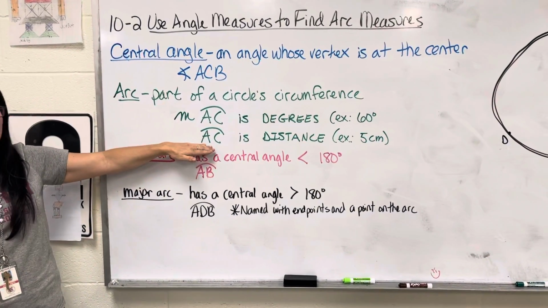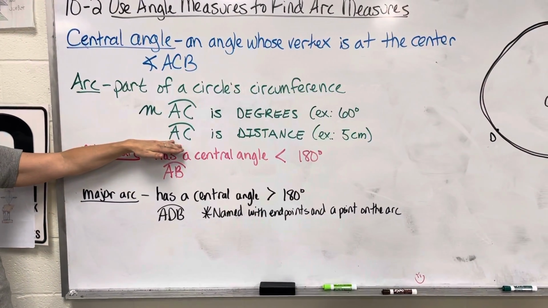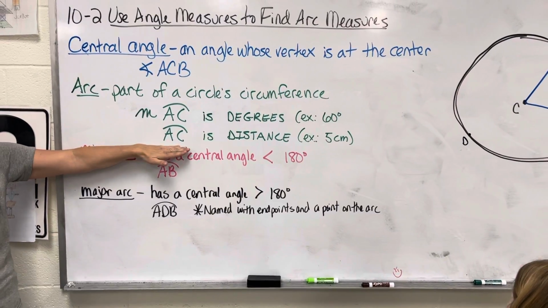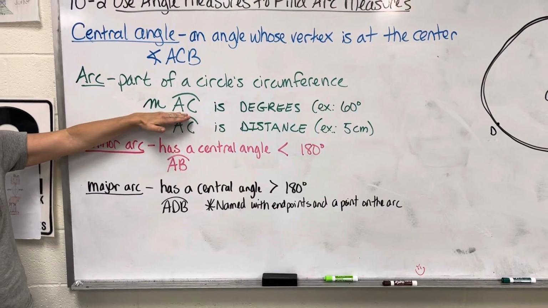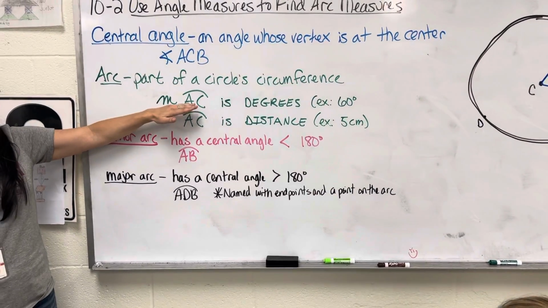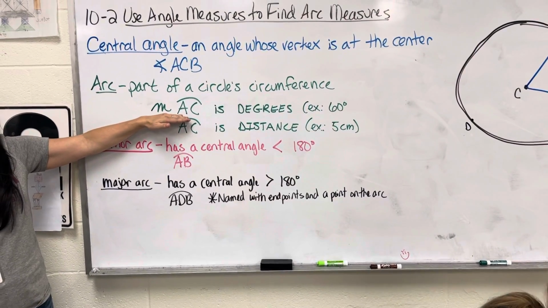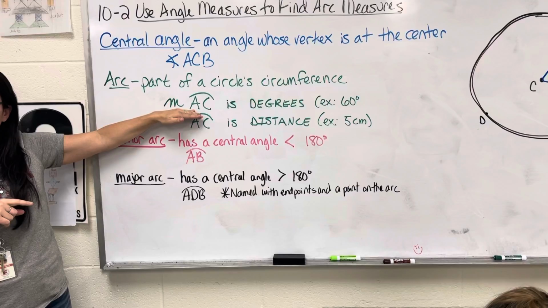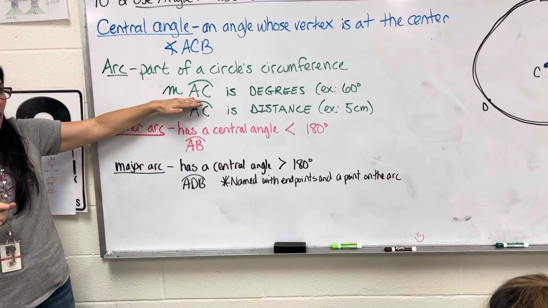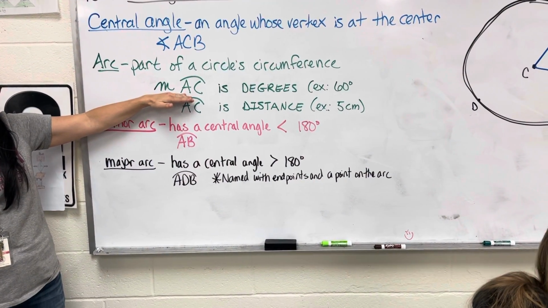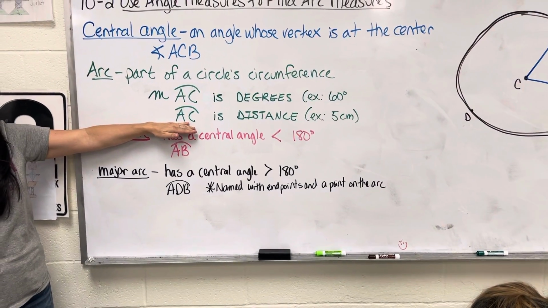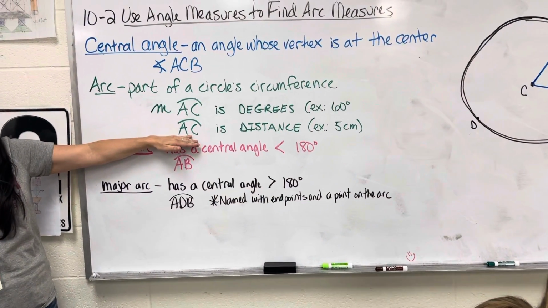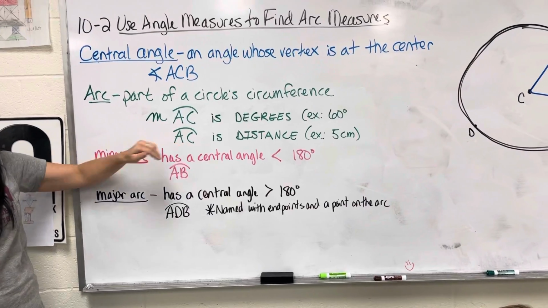Or are we looking for a distance like 5 meters or 8 inches? This is asking about distance, like part of a circumference. This is asking for degrees. So this is going to be somewhere between 0 and 360 because we know a circle is 360 degrees. So the measurement of an arc is between 0 and 360 degrees, whereas the distance of that arc is going to be something like inches, miles, meters, centimeters, whatever.